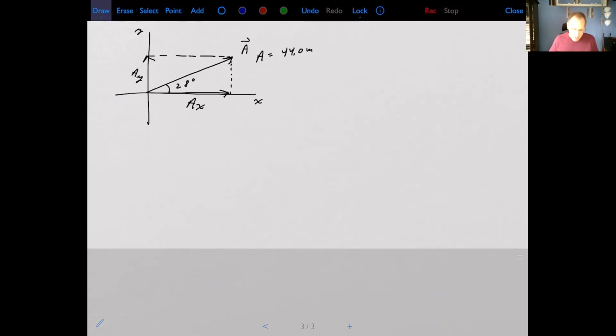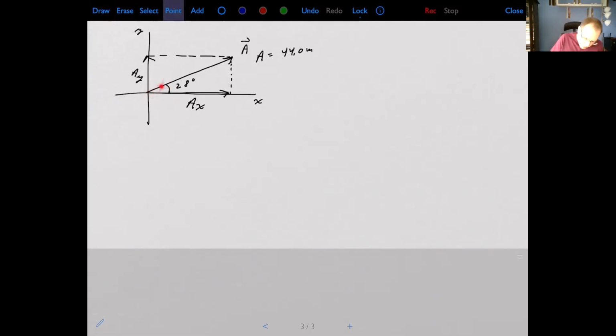So what you can do here is extract the right triangle that contains the reference angle. In this case, the 28 degrees is the reference angle. A reference angle is always the angle that the vector makes with the x-axis. It could be with the positive x-axis or the negative x-axis, but it's with the x-axis.